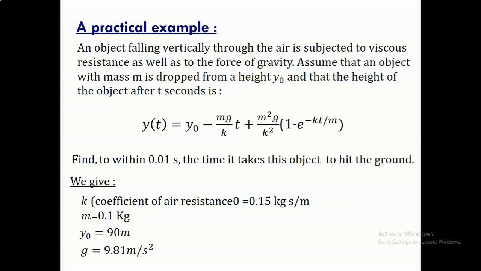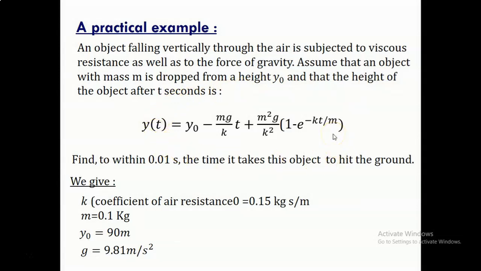As a practical example, we'll give the example of an object falling vertically through the air and subjected to the viscous resistance of the air as well as the force of gravity. Assuming that the object has an initial height y0, the height of the object after a time t can be modeled by the following equation.